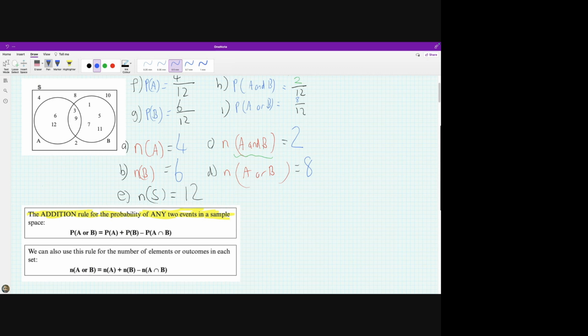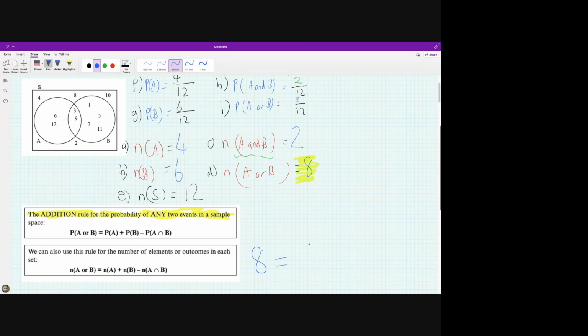And the same thing is true for the n. So let me show you this rule in terms of what we've done. What is the n of A or B? It's just going to be 8. So I'm just grabbing this 8 over here. Now, if I follow this identity, what's the n of A?